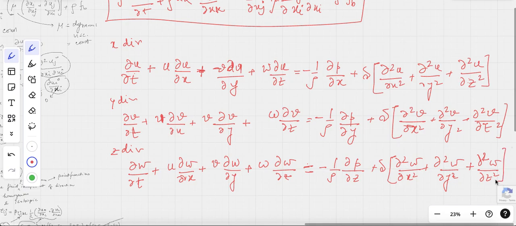These are the Navier-Stokes equations in the three Cartesian coordinates. Okay, thank you.